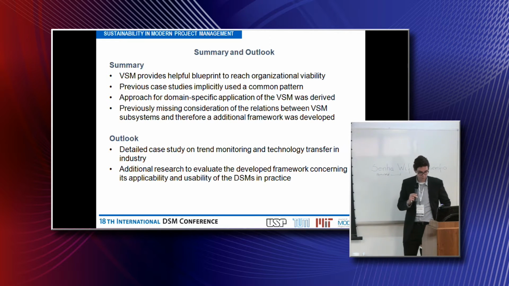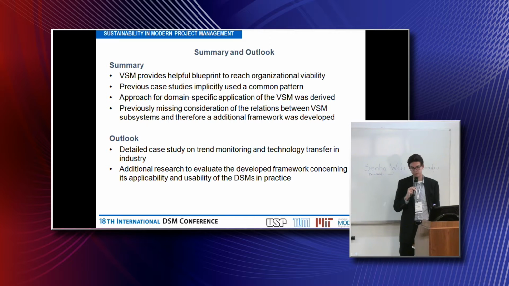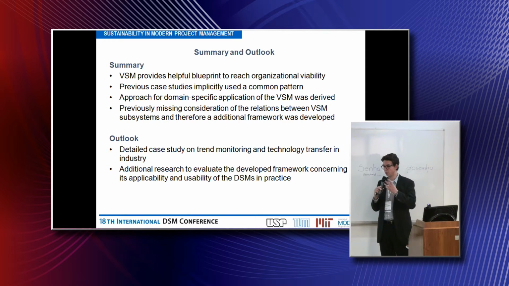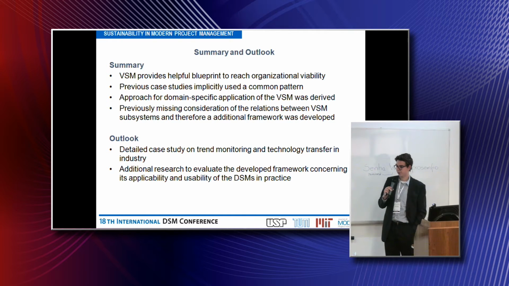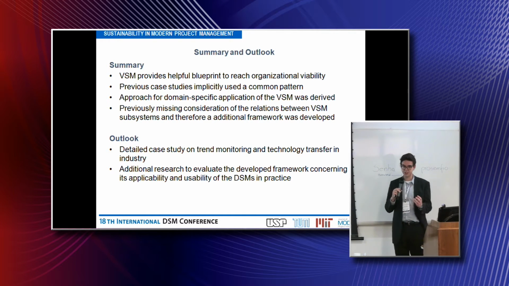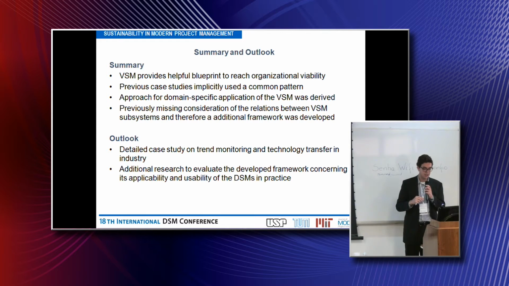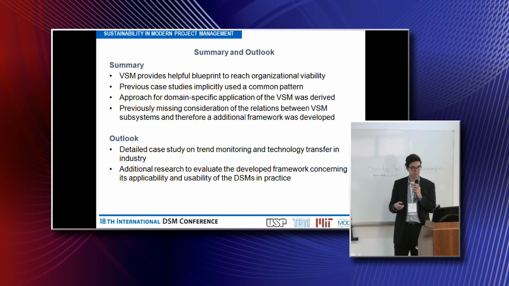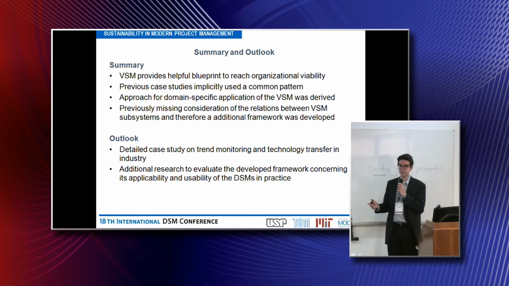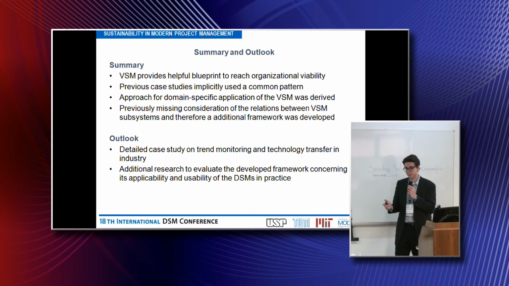So from our perspective, the viable system model is quite helpful to have an organizational blueprint, like a model of a viable organization that really helps you to assess your organization and then to derive measures. And the previous case studies that have been applied in different fields always had a pattern in them, but the pattern was never described.